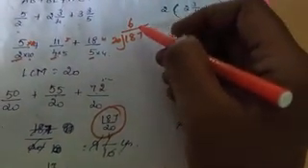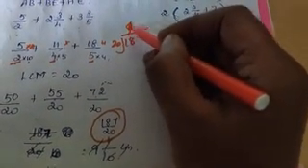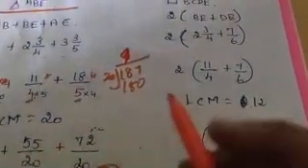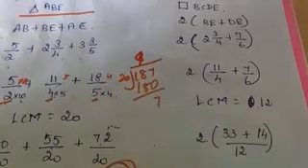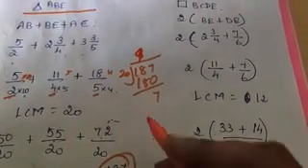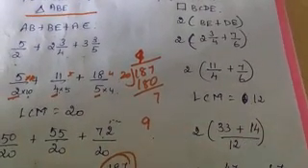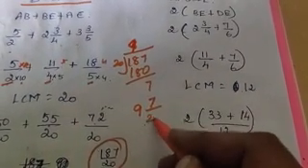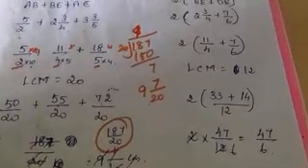So we can write 9 20s are 180, and 7 will be the remainder. Now you know how to write it: 9 in the middle, 7 as the numerator and 20 as the denominator. Like that we can write.